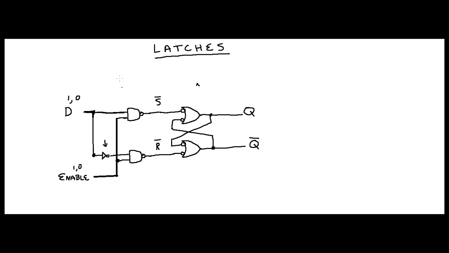So let's just talk about this right now. I'm going to change the color to blue so you can see what I'm discussing. So if we're at this point and we have a 1 coming in on D, suppose your data pulse is high. Well, that means that your S bar is going to be low, isn't it?